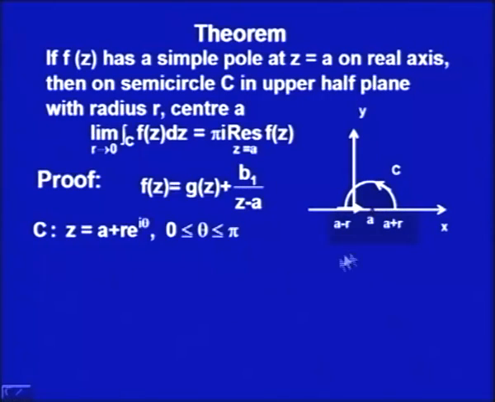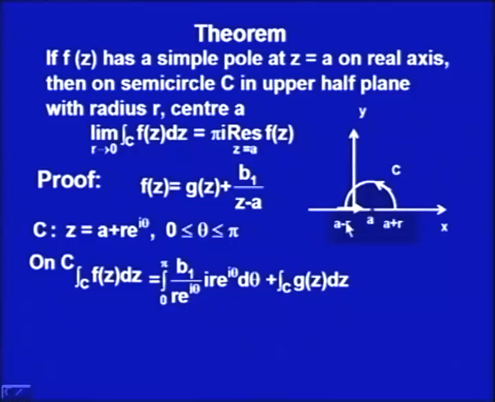Now let us write this integral of f(z) dz on C using the simple contour integration with this parametrization. So it should be the integral from 0 to π, with f(z) written as g(z) plus b1 upon (z minus a).